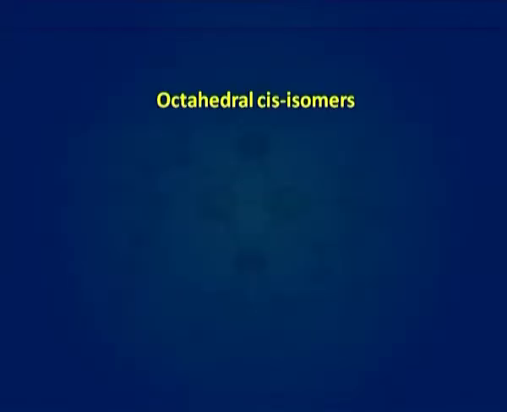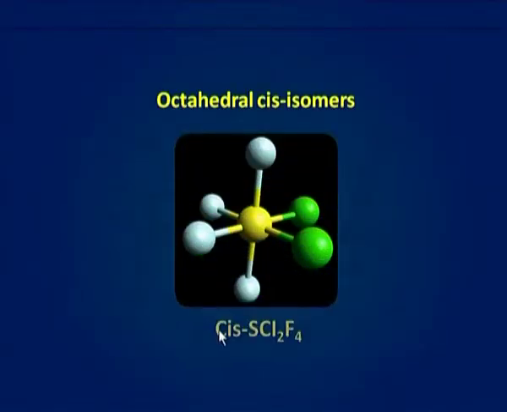Now, let us discuss a cis isomer of the type Ma2B4. Here is the example of cis SCl2F4. This isomer is a cis isomer because both the chlorine ligands are on the same side and the bond angle between the chlorine atoms appears to be 90 degrees.